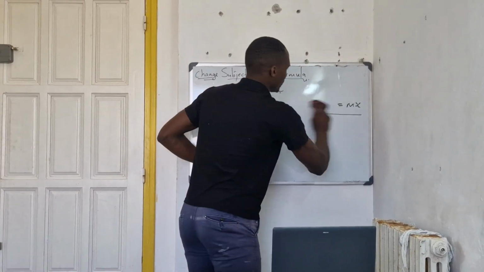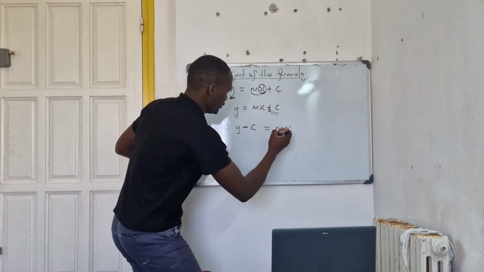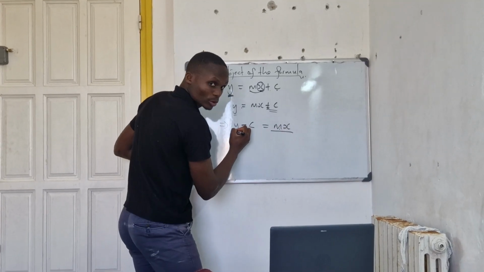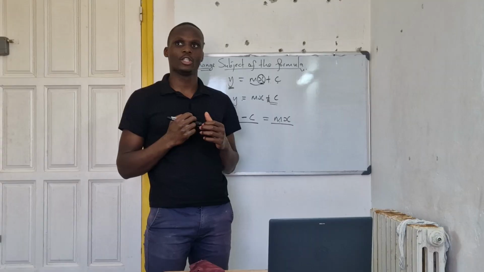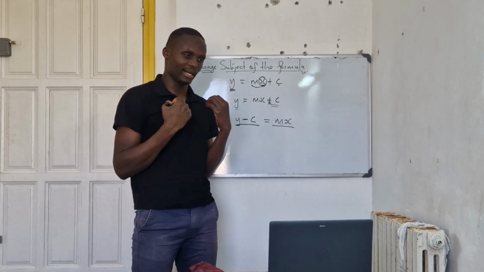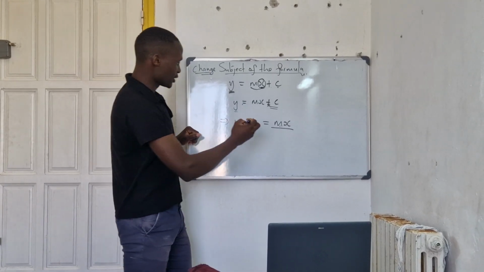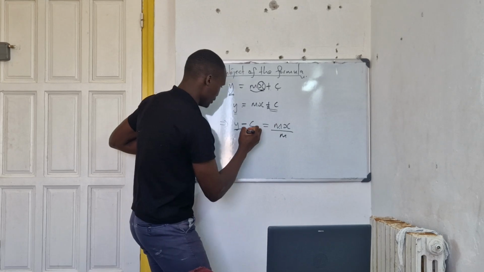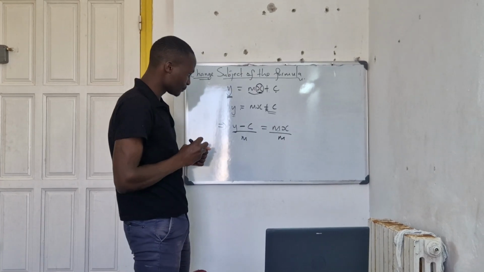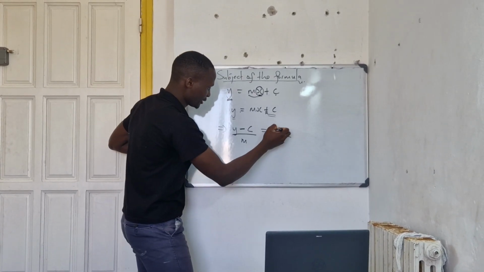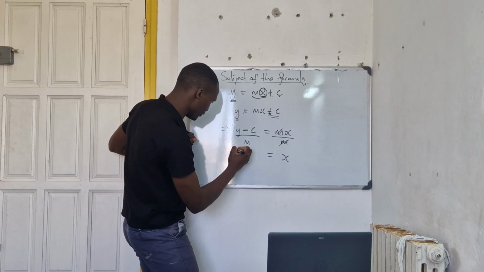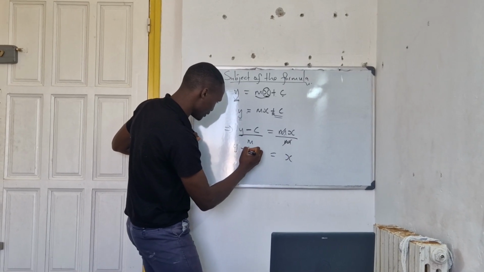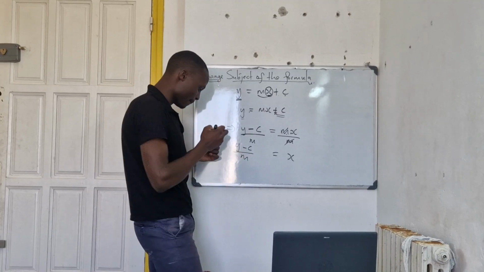Whatever we do to the left hand side, we also do to the right hand side. So we divide by m, divided by m. Then this cancels, and we remain with x, which is equivalent to y minus c all over m.